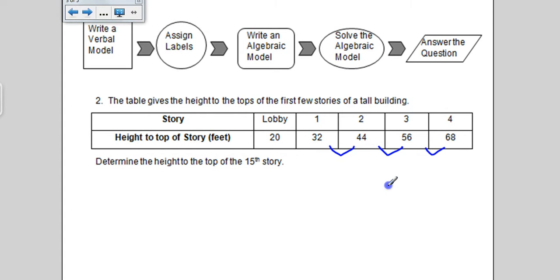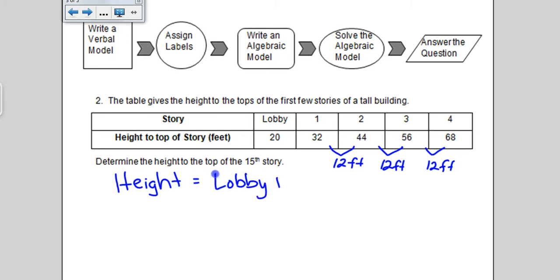Between every story, it looks like we're increasing the height 12 feet. So that's kind of our slope, or our rate of change for this problem. So when I'm trying to figure out the total height, what I'm going to have to think about is I got to incorporate the lobby, and then for every story after that, I'm going to increase it by 12 feet.